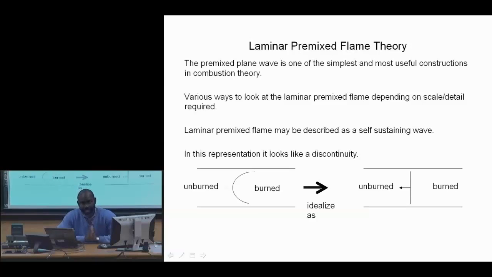So at that level of description, we can think about it as an infinitesimal interface where there's a temperature density jump. Interestingly, the pressure is essentially constant between the product side and the reactant side. So here we're saying again, it's dependent on the scale or detail that you're interested in, but in the simplest case, it's a discontinuity or an interface.